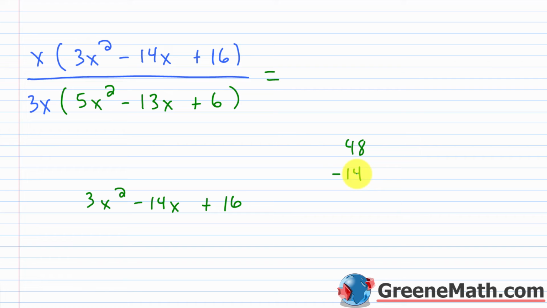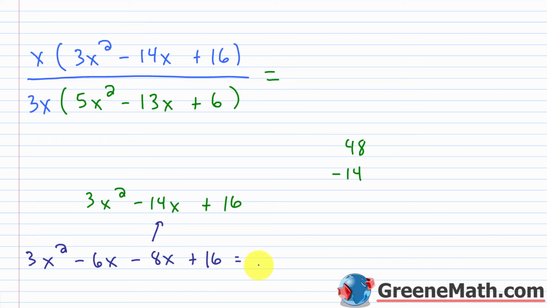So I know I need a negative and another negative. Think about some factors of 48: 1 and 48, 2 and 24, 3 and 16, 4 and 12, and 6 and 8. If I had negative 6 and negative 8, that would work. So I'm going to rewrite this middle term. I'm going to say this is 3x squared minus 6x minus 8x plus 16.